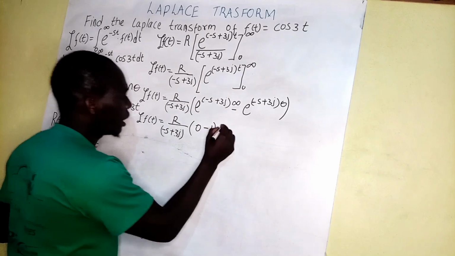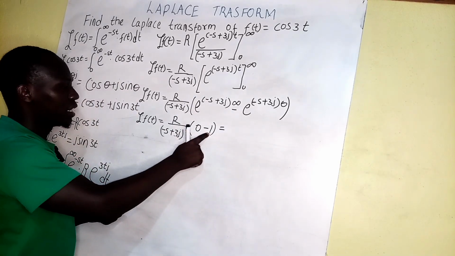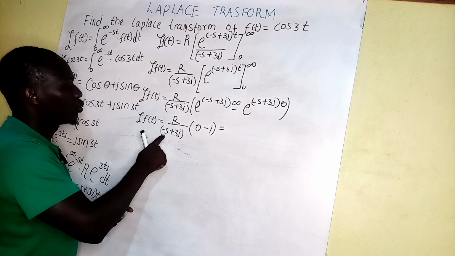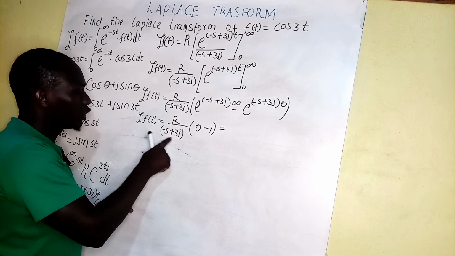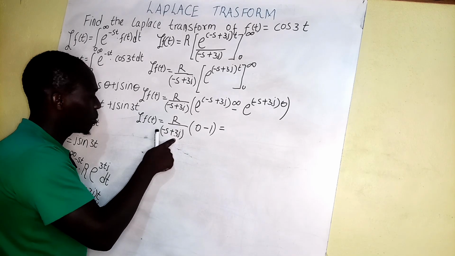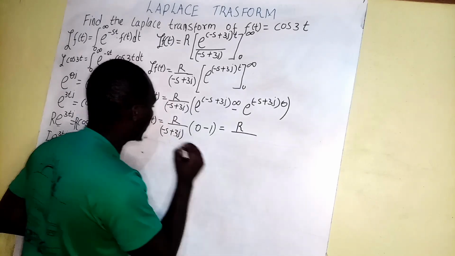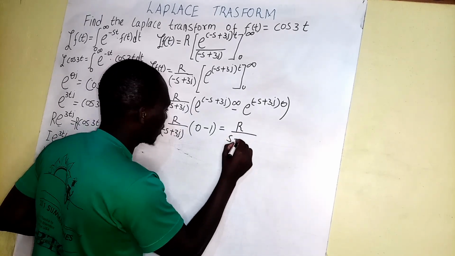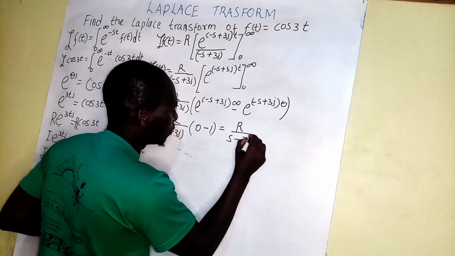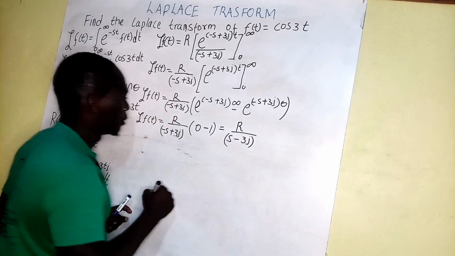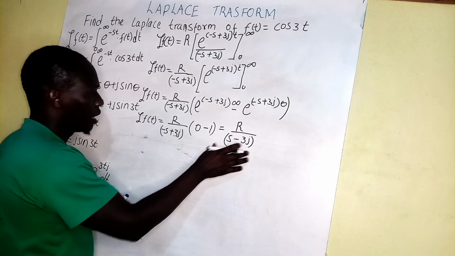From this point, the negative 1 is going to affect the function on the denominator, and by affecting the denominator, we are going to have R all over s minus 3j as our answer.